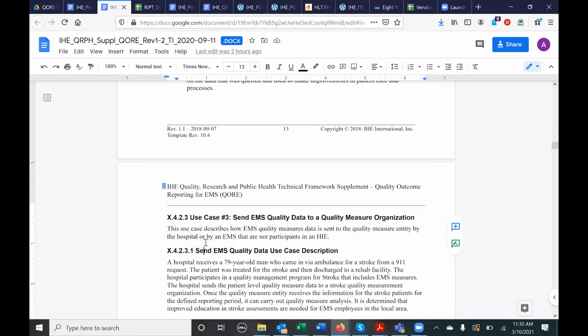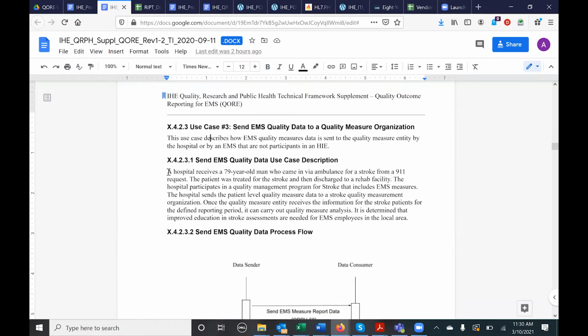Basically this is going over each of the use cases that I said before, where you can query for the information. The hospital can send the information to a registry as well.